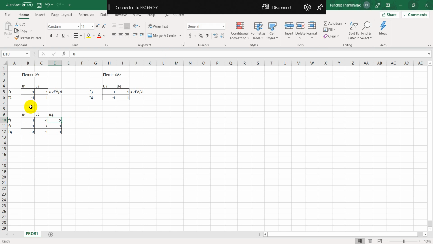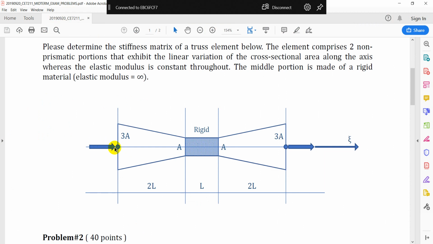Right. So right now, what you want to do is find out the relationships. If you apply 1 unit displacement here, what will be the corresponding forces at the left node and the right node, right? That's how we come up with the stiffness matrix.